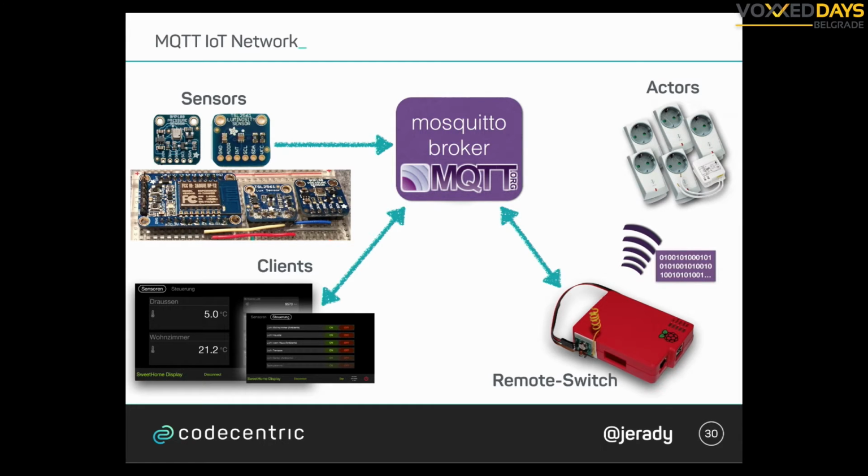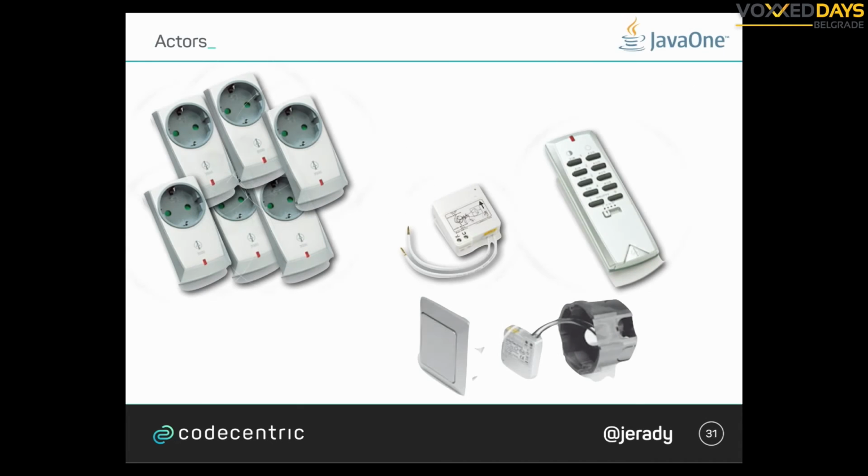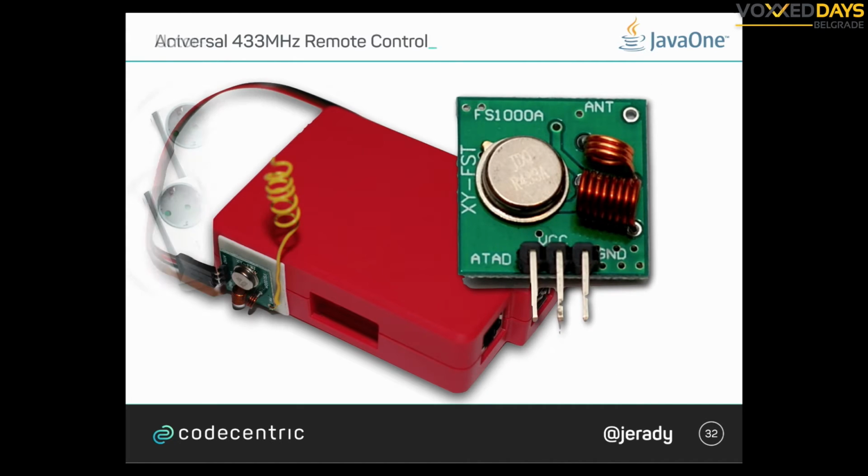My remote switch here is just a Raspberry Pi using this really cheap chip, it's about €2 or something, which is able to send out the coding to this actor, so to this remote switch, telling it to switch on and switch off the connected device.